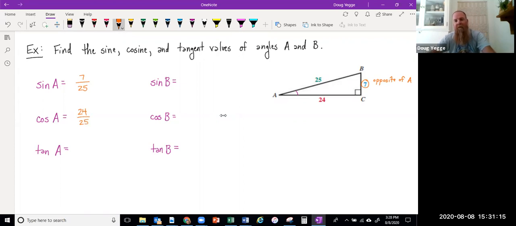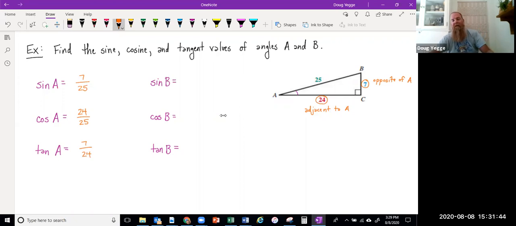So 25 is obviously the hypotenuse, but we'd like to recognize that 24 is representing the adjacent side to A. So this 24 is adjacent or next to A, while the 7 is opposite of A. And finally, the tangent is the opposite over adjacent, which is giving me 7 over 24.